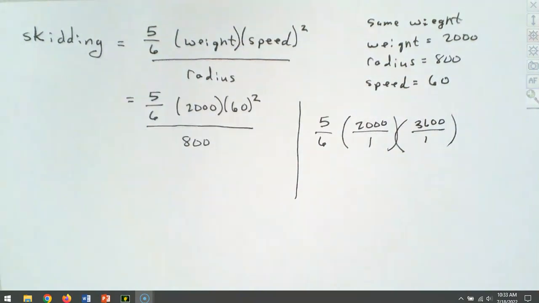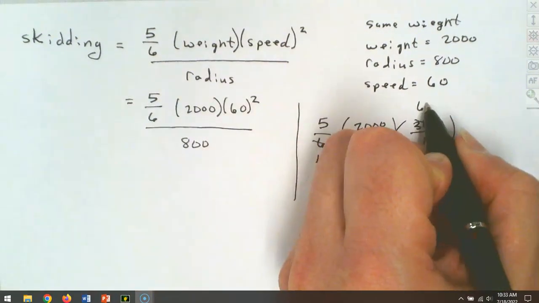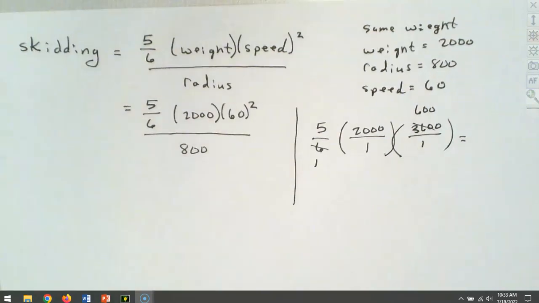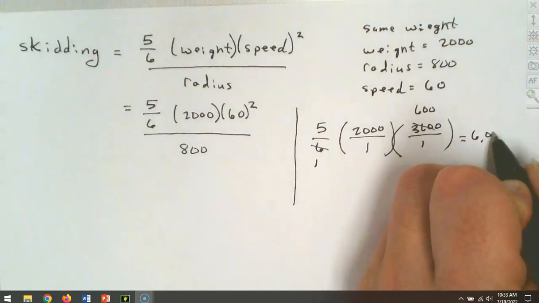So that 3,600, that 6 can go in there. And that's going to leave you the 1 and a 600 here. And so now we'll just multiply across. So we've got 5 times 2,000 times your 600. Okay, make sure we get the right numbers here. So that's 6 million.